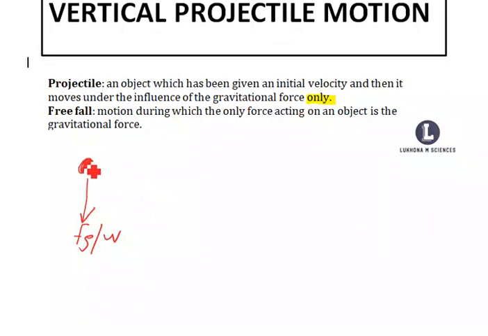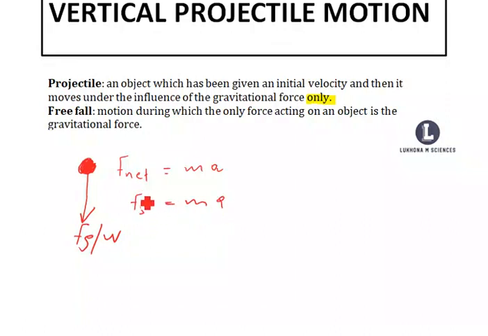Remember that if the object is moving under the influence of gravity, it is attracted towards the center of Earth. So as it moves down, the speed is increasing, which means the object is accelerating. Then since we have only one force here, if we look at Newton's second law, F net is equal to ma. So we have only one force here, which is the weight, that is Fg is equal to ma.